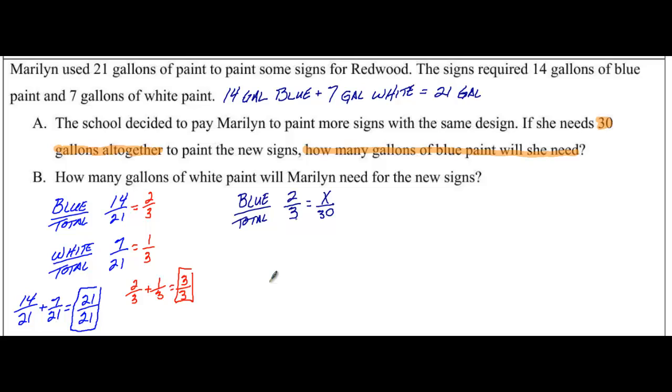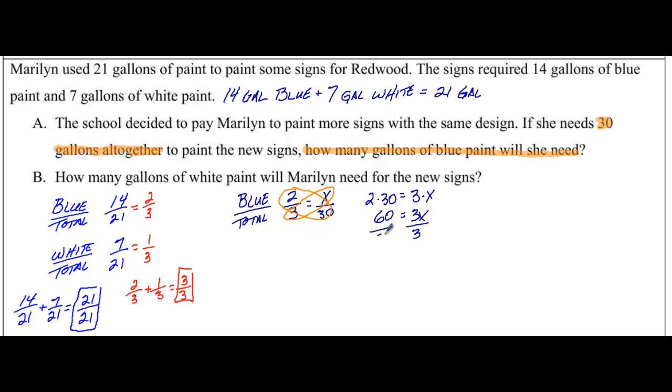Two ways to solve this. We'll do it with cross multiplying, where we do 3 times X and 2 times 30. So 2 times 30 equals 3 times X. 2 times 30 is 60. 3 times X is 3X.